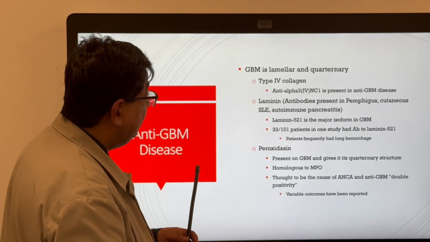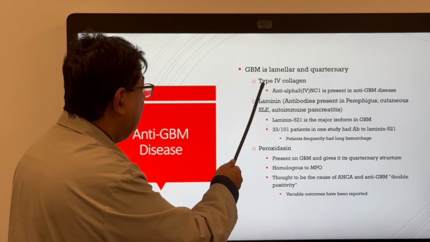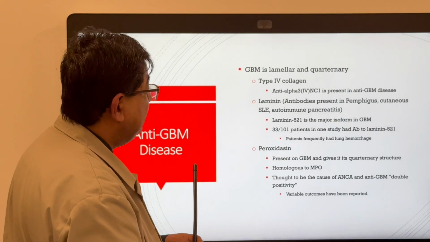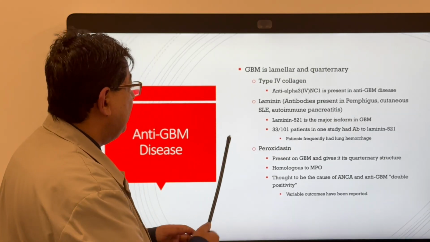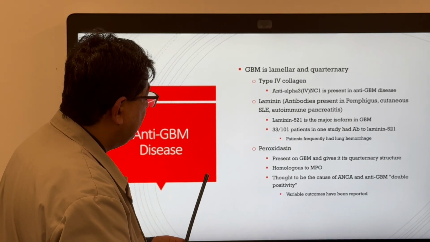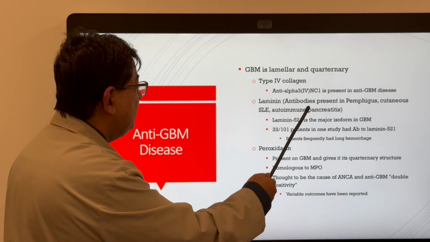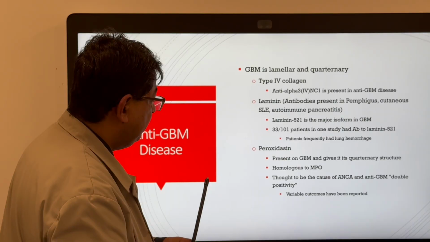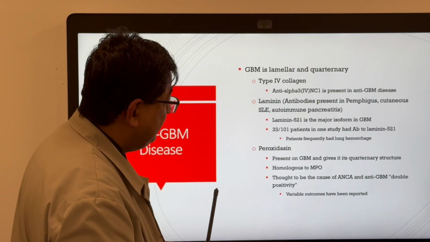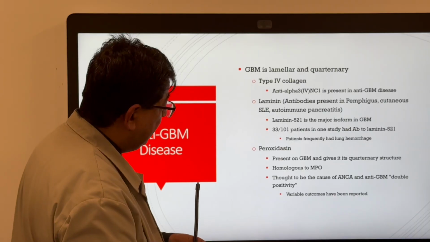So, glomerular basement membrane is lamellar and quaternary. So it has type 4 collagen, it has laminin, and it has peroxidase. And typically, anti-GBM disease has antibodies to type 4 collagen. But you can have anti-GBM disease because of antibodies to laminin, and these antibodies are present in pemphigus, cutaneous lupus, and autoimmune pancreatitis. In one study, 33 out of 101 patients had antibodies to laminin 521, and these patients frequently had lung hemorrhage.